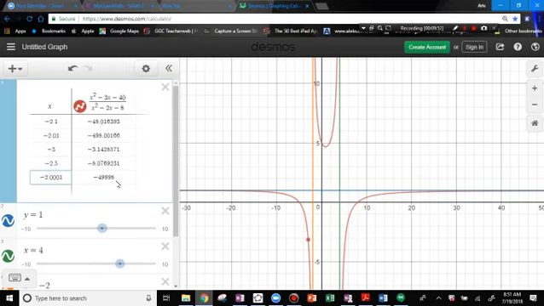That thing is flying down to -infinity. So much so that we would say that the limit as x goes to -2 on the left is negative infinity. The numbers get really, really negative the closer you get to -2 on the left.